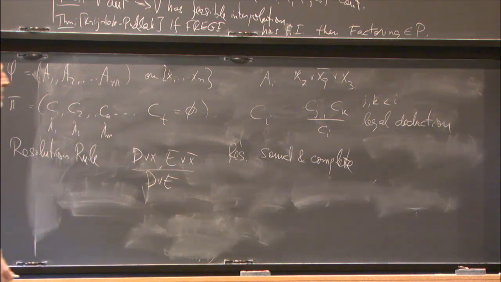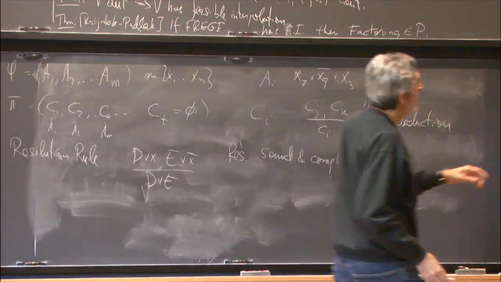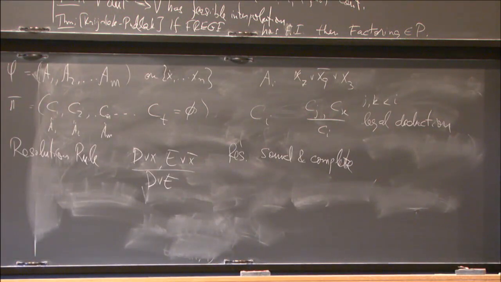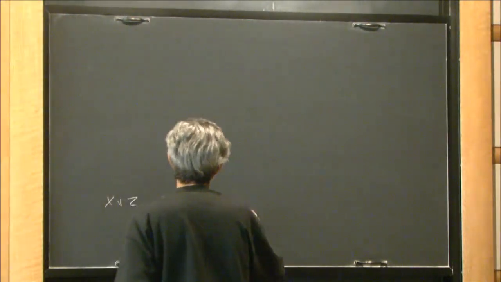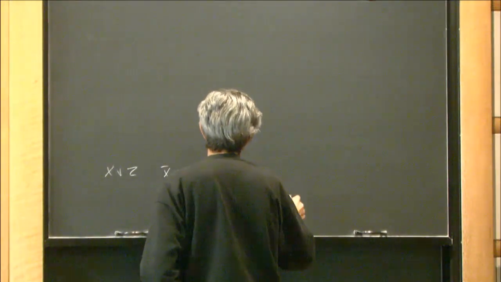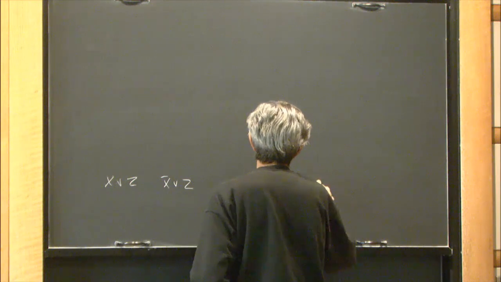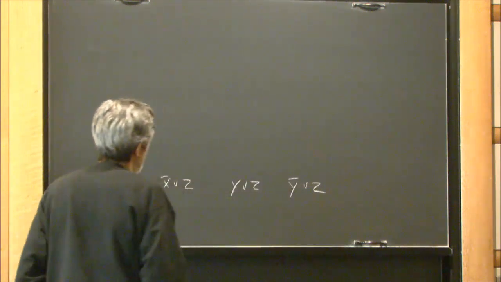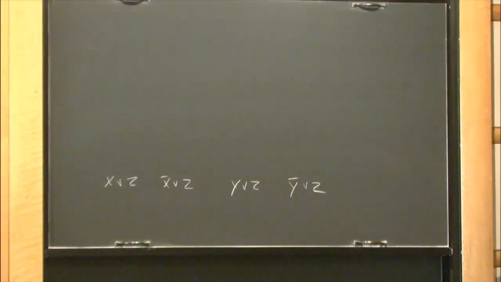Maybe I'll show some resolution proof. Take the clauses X or Z, X bar or Z, and so on. So this is a contradiction.